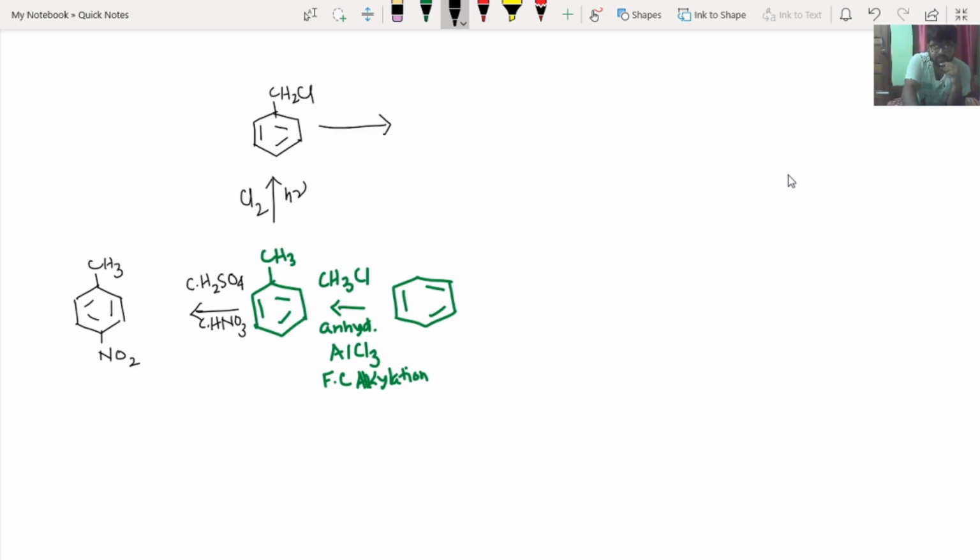Now let's go back to this benzyl chloride. This benzyl chloride can also be converted into benzyl alcohol by simply using aqueous KOH.